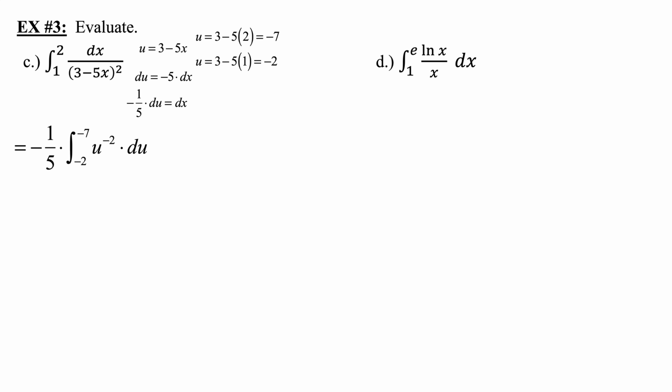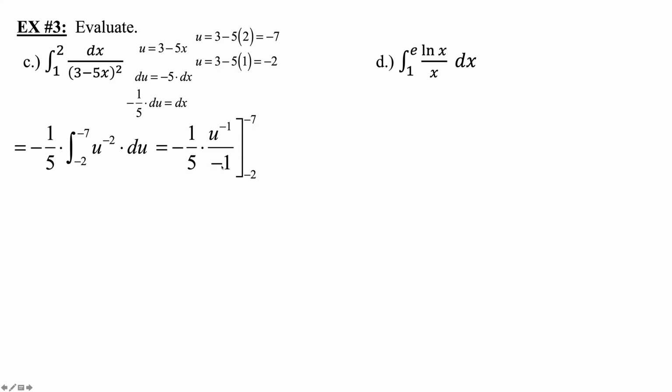If you forget to do that, that's no big deal. It'll still work. So let's see, power rule, add 1 to -2. That makes it -1, divide by -1. Okay, and then we'll evaluate it from the -2 up to the -7.